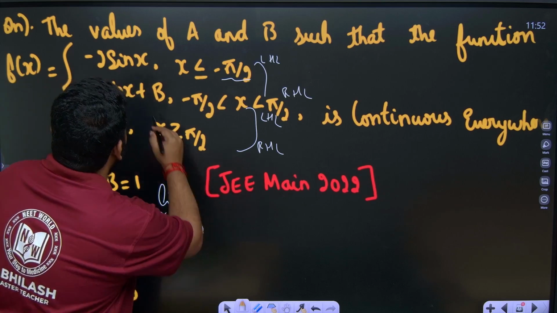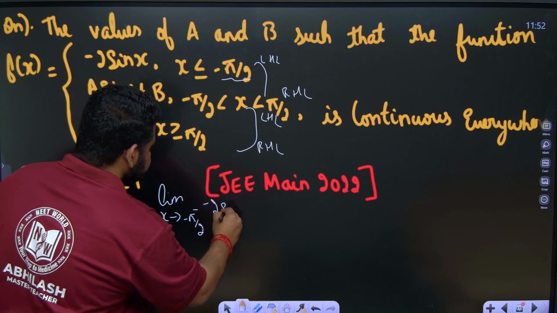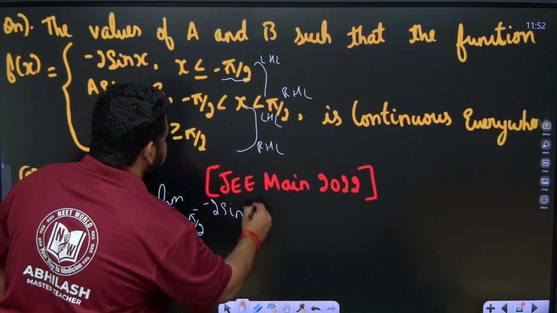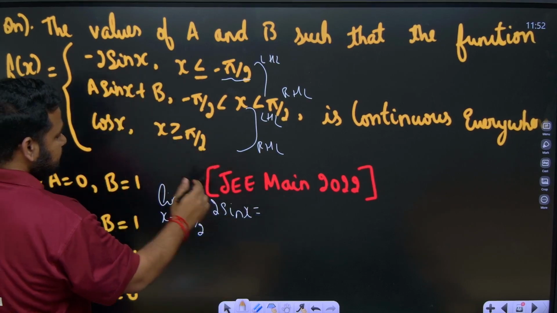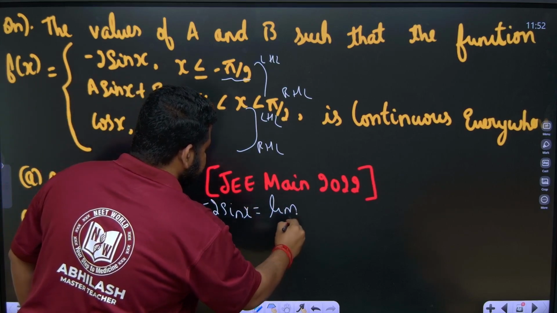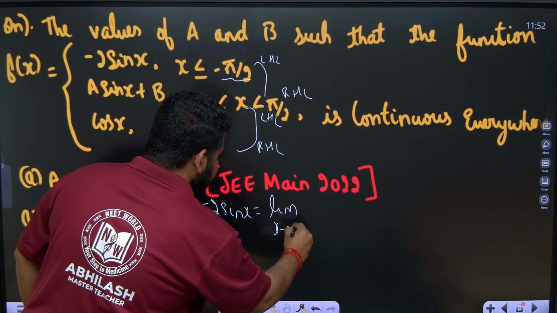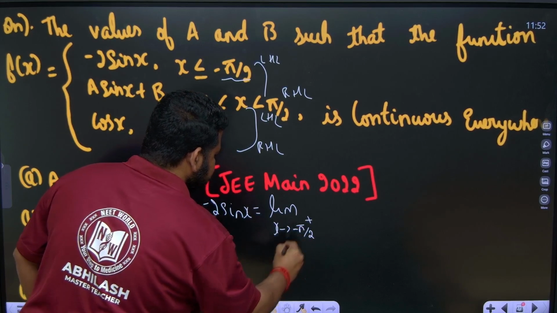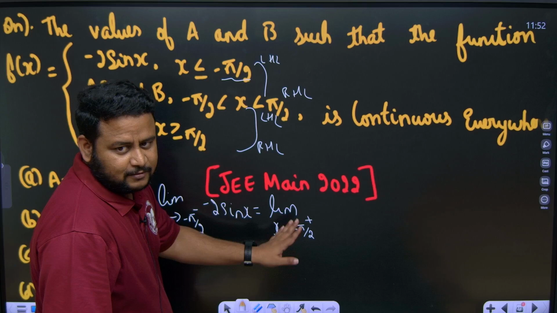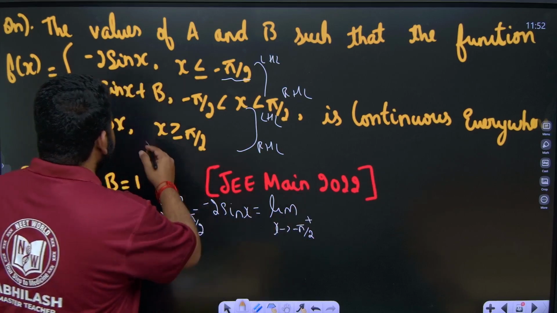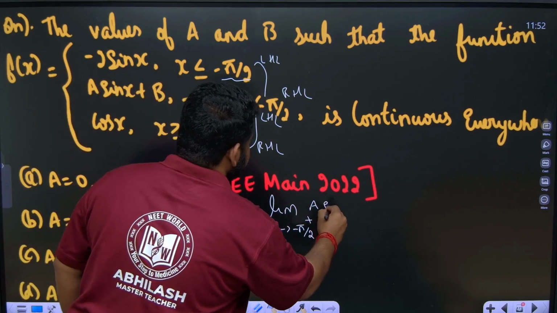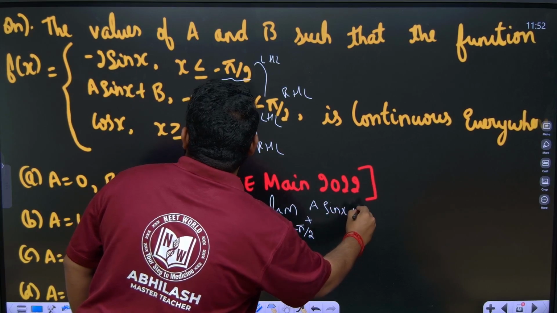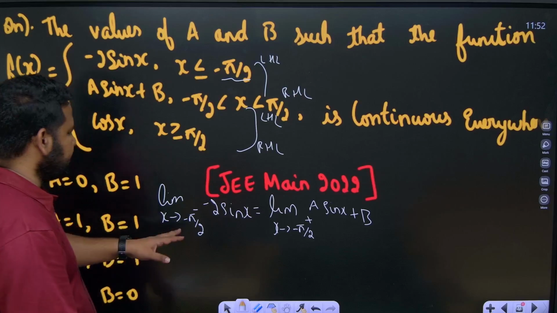This is what the function given is, minus 2 sin x. This is equal to RHL. RHL is what? Here RHL is this one. Limit x tends to minus pi by 2 plus, we are having a sin x plus b. Now if I put the value, what do I get?